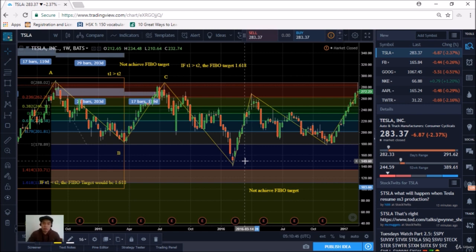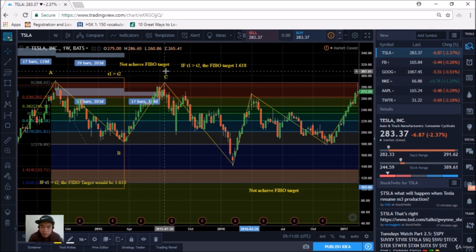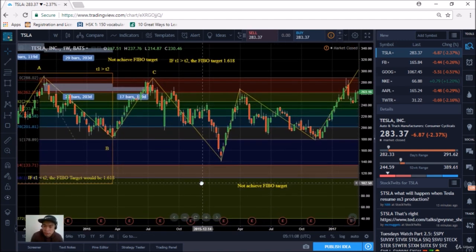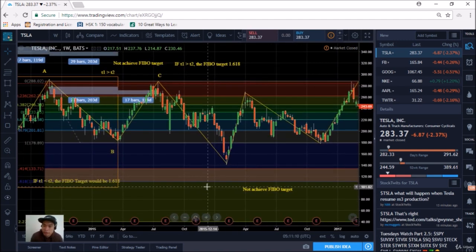Next, what it will do is try to go sideways, because from what we can see, the upward target is not achieved and the downward target is not achieved, so it will go sideways. It's not going downward, but rather sideways.